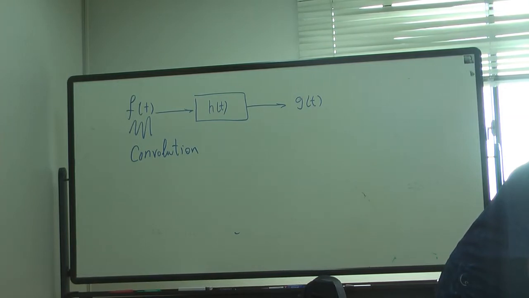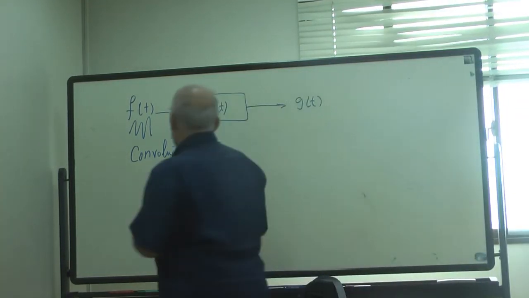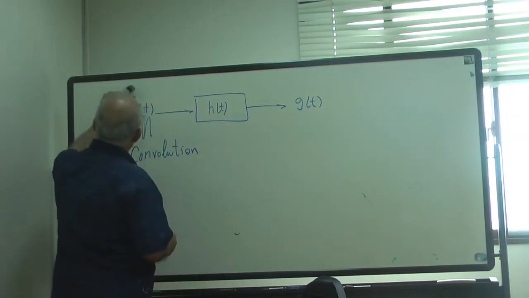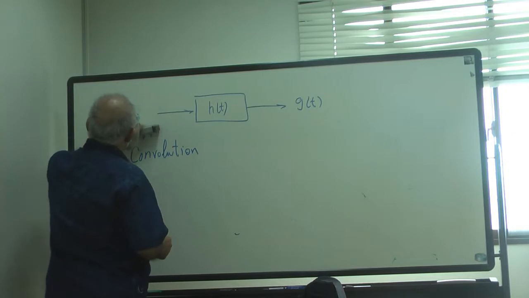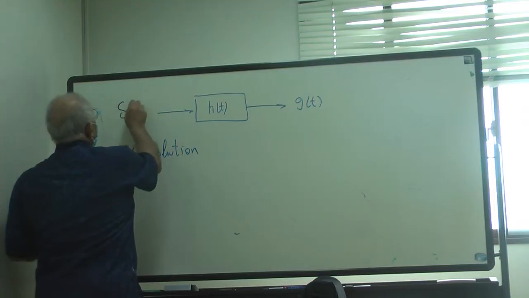So how to obtain h(t)? If you put a delta function here, do you know delta?